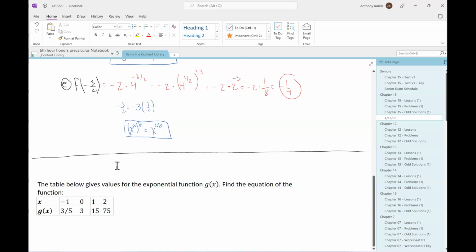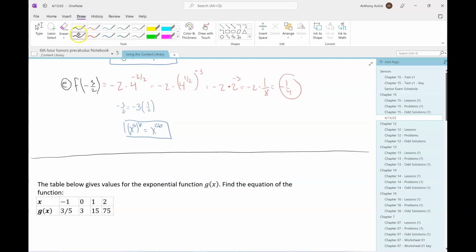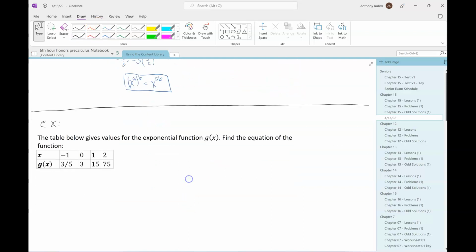All right, so let's say that we have a problem like this. We have some values in a table, and we want to write the exponential function for this table. So we want to write an equation of the form g of x equals a times b to the x.